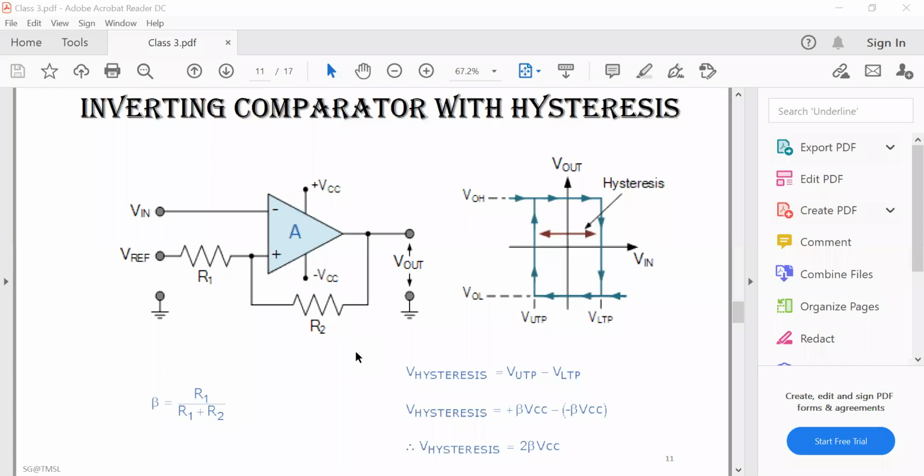So for positive output voltage, V reference is beta into VCC, the positive voltage reference, and for negative output voltage, the reference will again be beta into VCC but in negative form. So we can also produce a non-inverting op-amp comparator circuit.